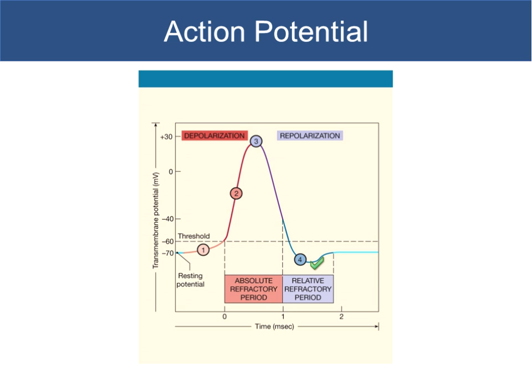With cardiac muscle cells, remember we talked about cardiac muscle and the role of calcium, that we don't have a sarcoplasmic reticulum that stores calcium? Well, cardiac muscle cells have a longer absolute refractory period. So there's a longer period in time. In fact, their graphs, instead of looking like this, look something like this.